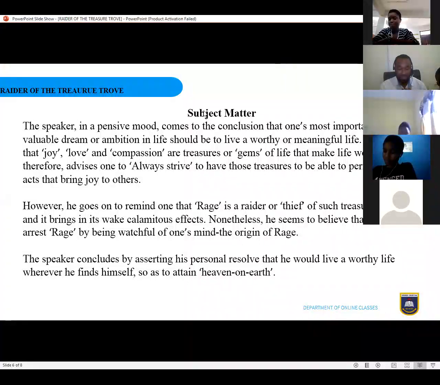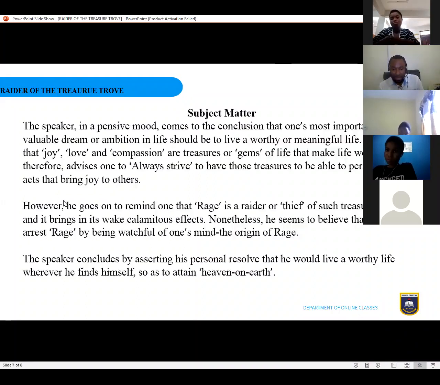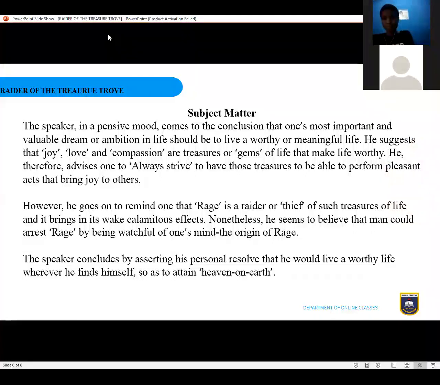So the subject matter captures everything that we are looking for, and we'll be reading through what this poem, Radar of the Treasure Trove, is basically about.